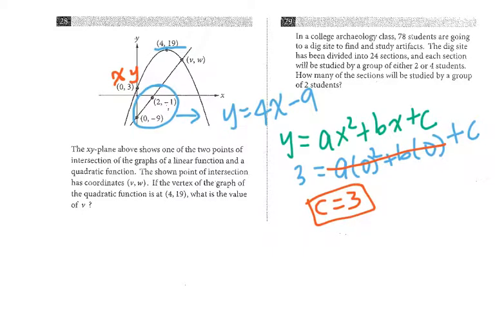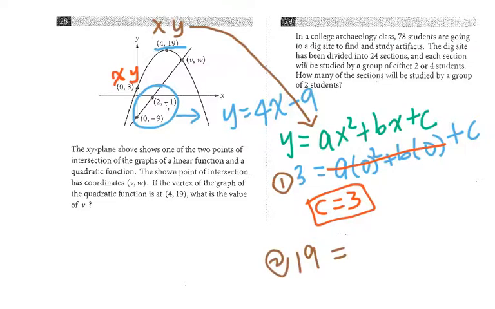Then I plug in x equals 4, y equals 19 again into this quadratic function. You will get 19 equals a times 4 squared plus b times 4.